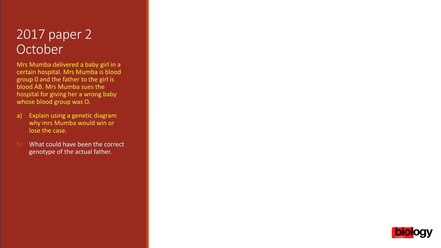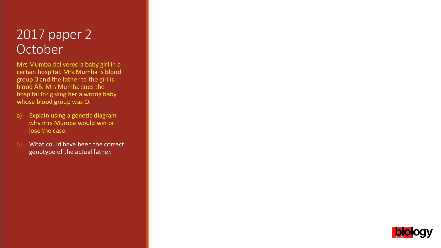She sued the hospital for giving her a wrong baby, okay? And then we are tasked to draw a genetic diagram which is going to help us to know if Mrs. Mumba would win or lose this case, because she has a complaint and she has sued the hospital. So we're going to use a genetic diagram to prove whether she's going to win or lose the case.